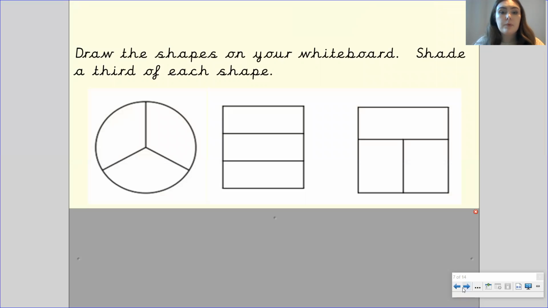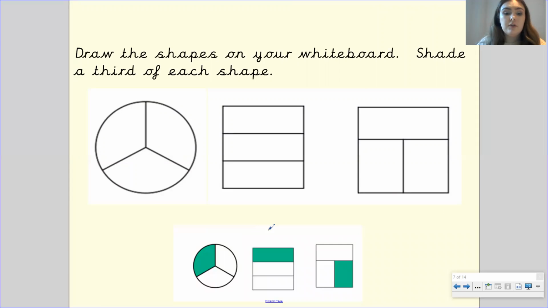Okay, on your whiteboard, I want you to draw these shapes below, and you need to shade in 1/3 of each shape. So pause the video here to draw each of these shapes and shade in a third. Well done if you had something like this picture below.